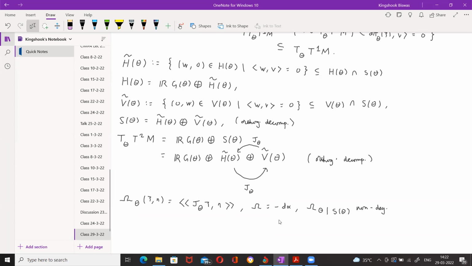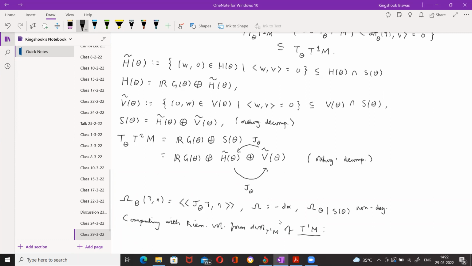All right. Now, let's come to the computation of the Riemannian volume form, right? So computing with the Riemannian volume form d vol of T1M.